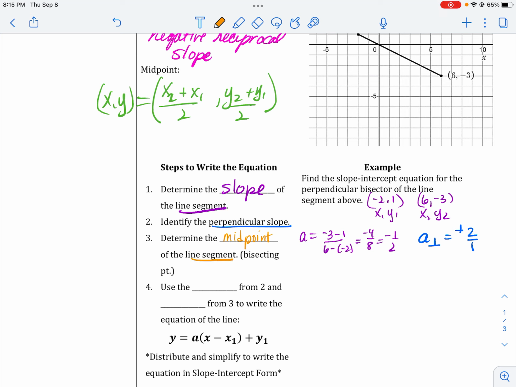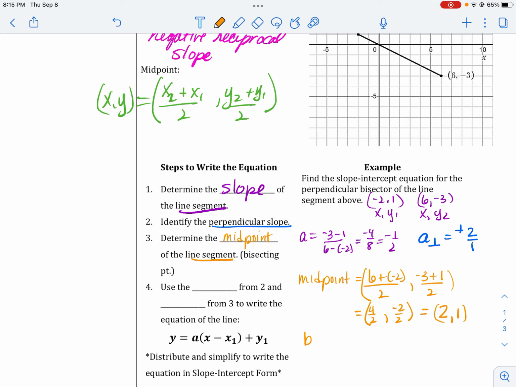So the midpoint is 6 plus -2, remember, we're adding, divided by 2, and -3 plus 1 divided by 2. That simplifies to 4 over 2 and -2 over 2, which simplifies to 2, -1.